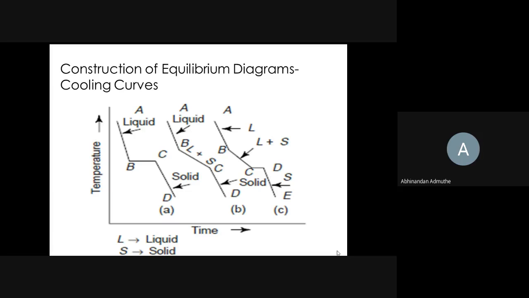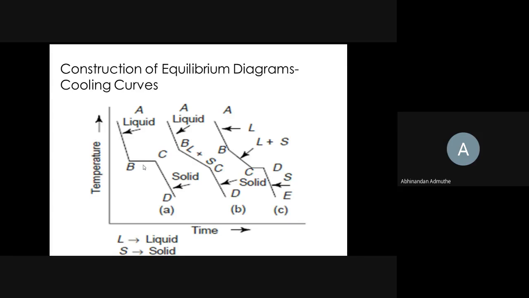Now we have two-column data. The first column is the time and the second column is the temperature. If you plot this time and temperature data, you will get this curve, and this curve is what we call a cooling curve. In this cooling curve, this portion is liquid and this portion is solid, meaning above point B the system is in liquid state, and below point C the system is in solid state.